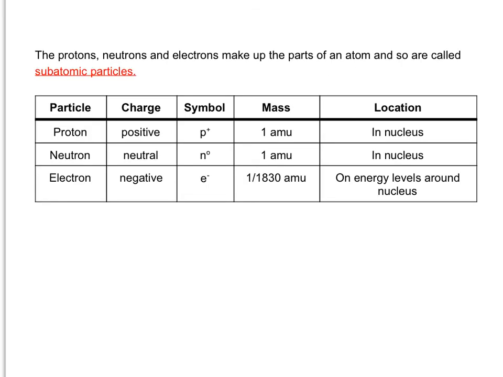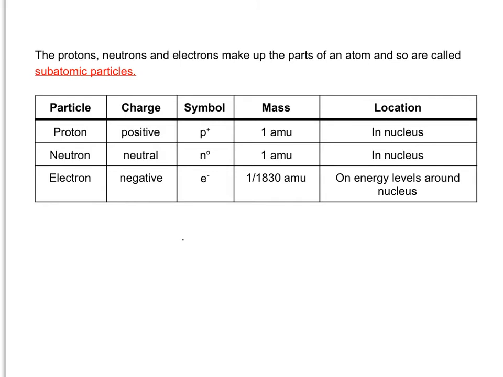So protons, neutrons, and electrons make up the parts of an atom. And so we call these parts the subatomic particles. So what I'd like you to do is copy this table into your notes. So protons are positively charged, and we have the symbol of a P with a plus charge as a superscript.